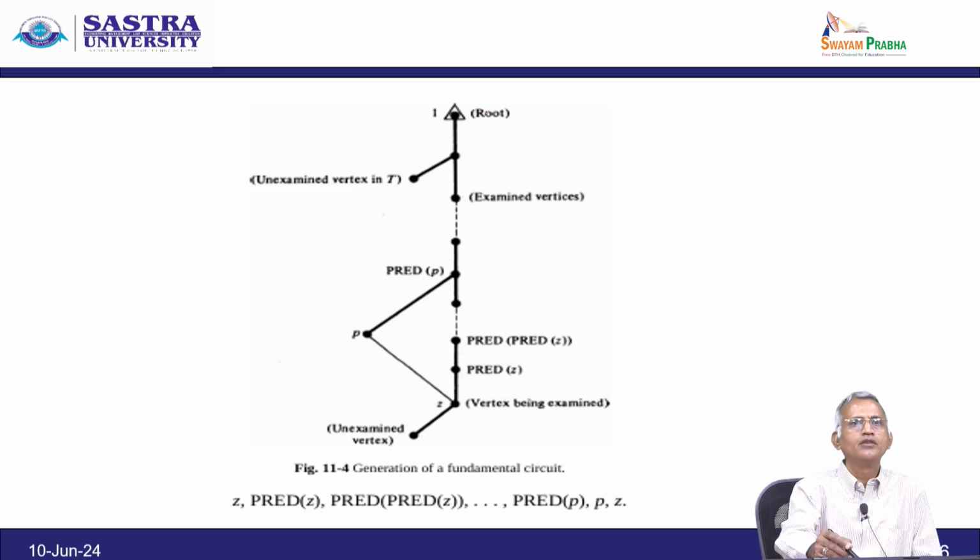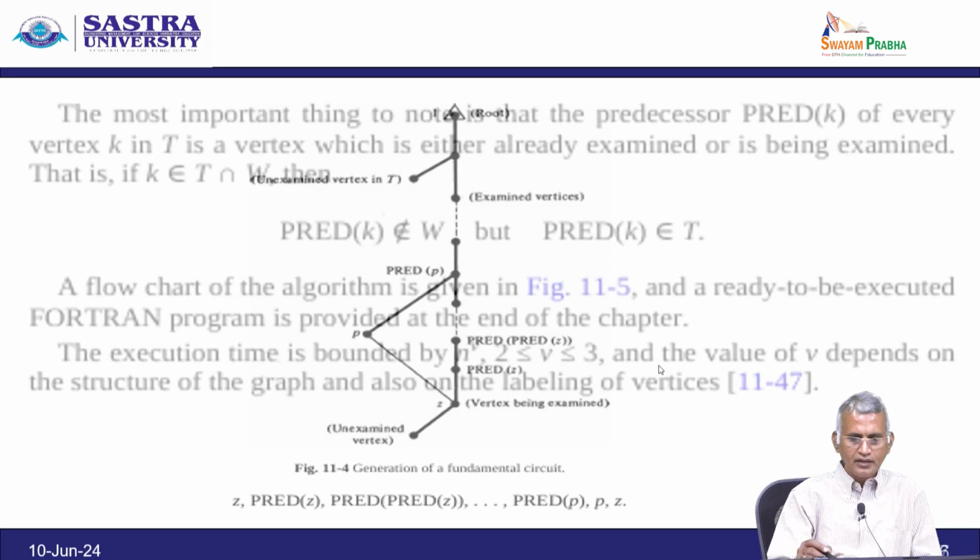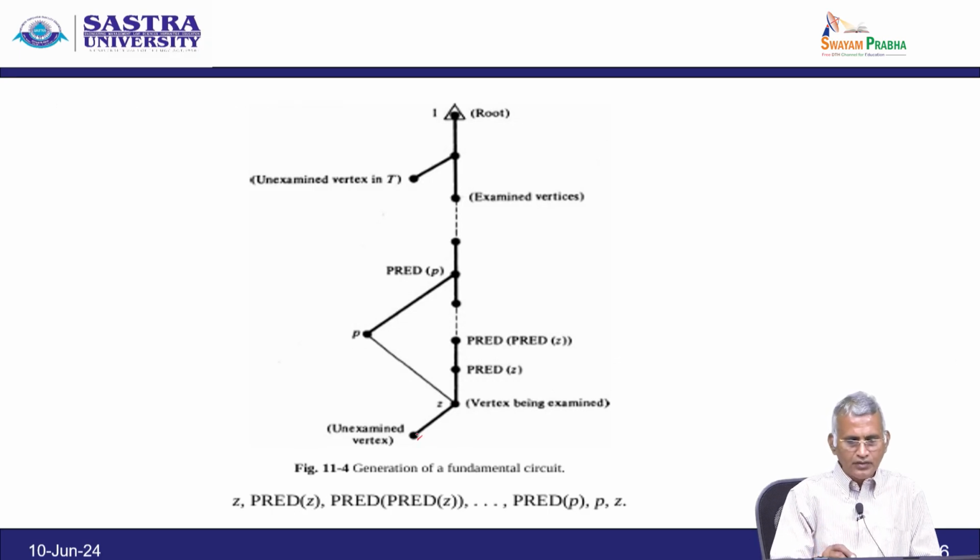You start with the root and an unexamined vertex Z, and check the vertex being examined. If there is a connection, the fundamental circuit is generated. Check the predecessor of Z, and after checking this you proceed further: the predecessor of Z, then the predecessor of that, and so on, forming the connection from one vertex to another, like 1 to 2, 2 to 3, 3 to 4.